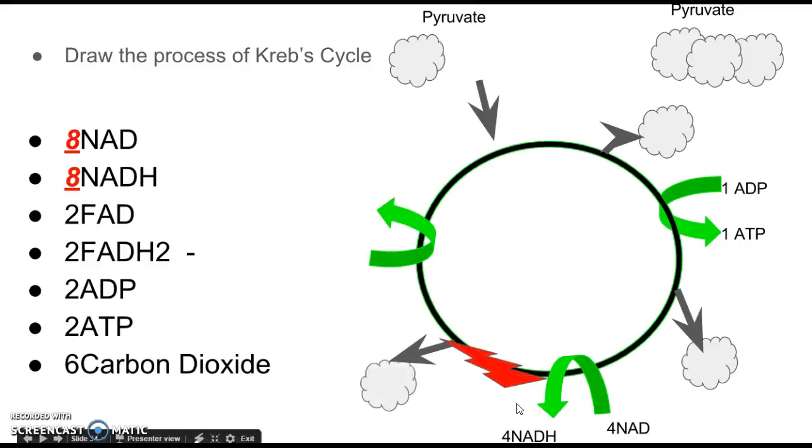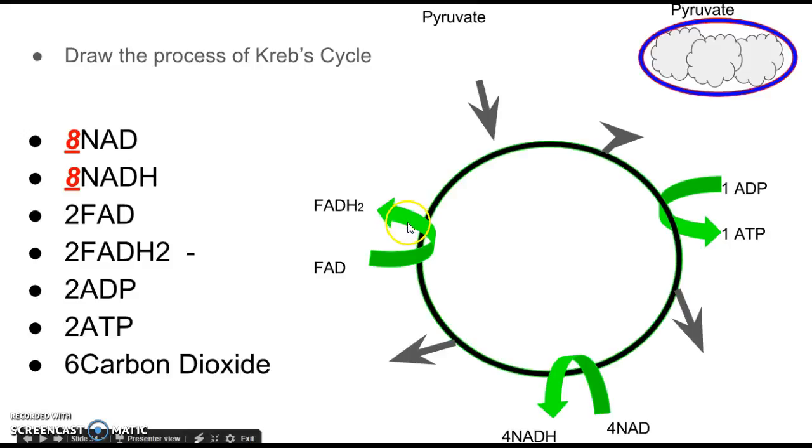Then the last carbon is broken off of the pyruvate, and we no longer have any carbons left because all 3 have been broken down into carbon dioxide. When that happens, the energy is put into yet another energy molecule called FAD, and it's stored as FADH2.